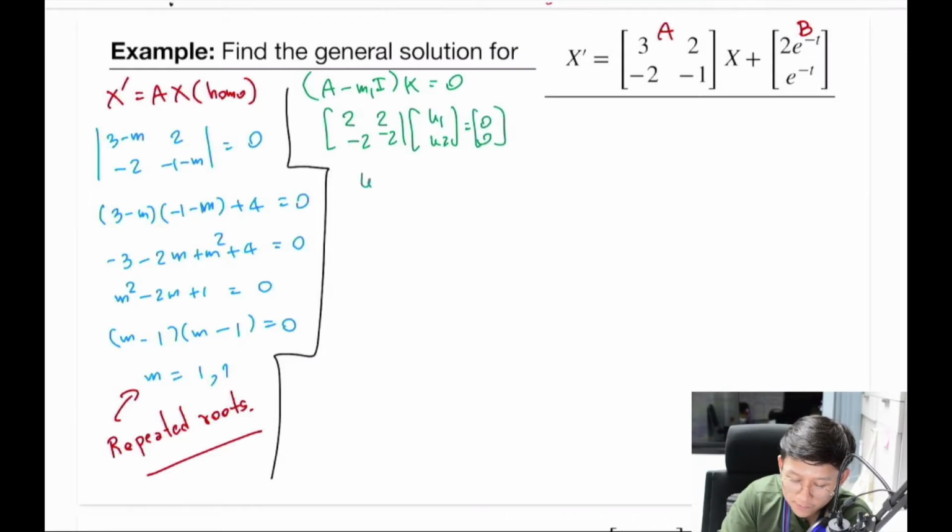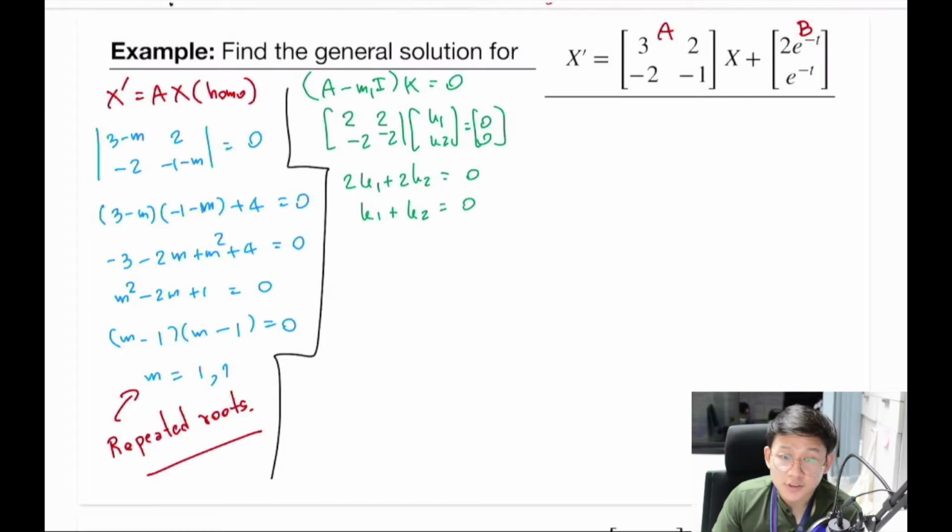So we have k1 plus 2k2 equals 0, which means that k1 plus k2 is 0. The other one, we have minus 2k1 minus 2k2 equals 0 as well, but that is the same equation as this, so we don't care.